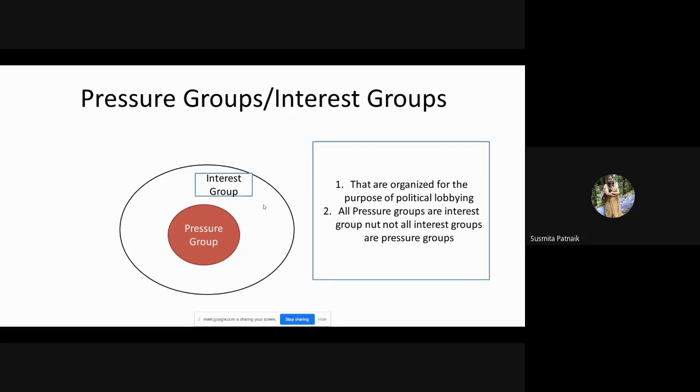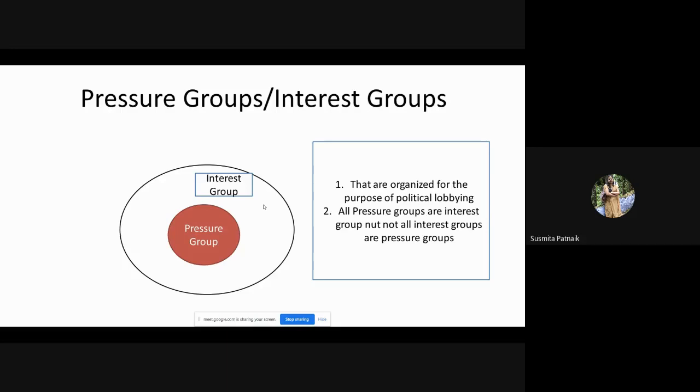Some authors, like American scholars, say that there is a basic difference between pressure groups and interest groups. They say that pressure groups are organized for the purpose of political lobbying.